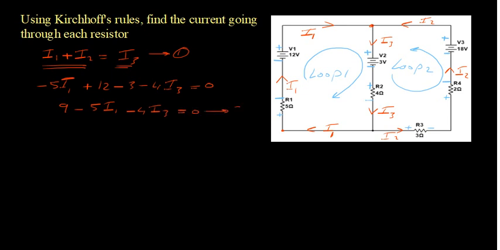That's our second equation. Now for the second loop, I could start from here and I will say, it's minus 3 multiplied by the second current.